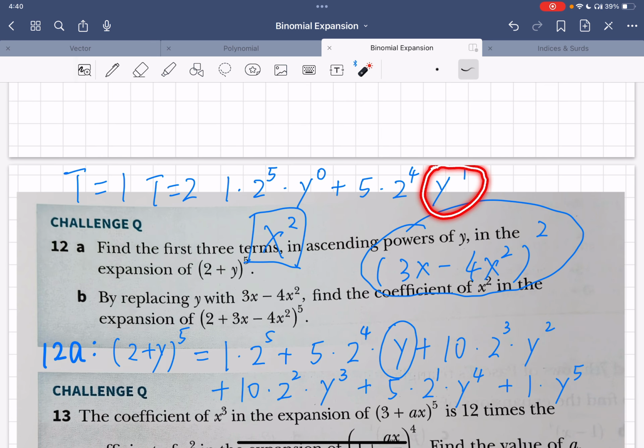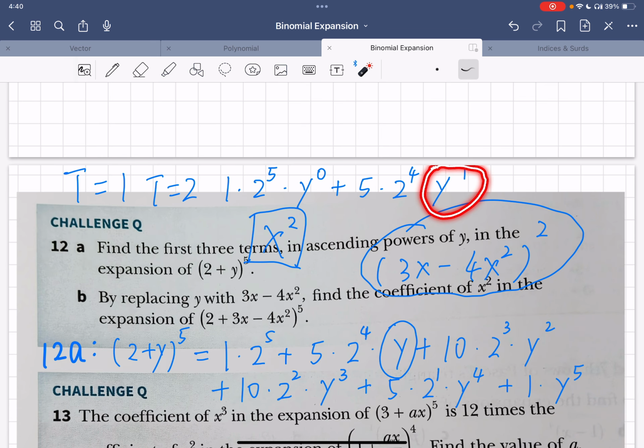For the third term, the power of y equals 2. So for the nth term, if k represents the power of this expansion, it also represents the power for b.